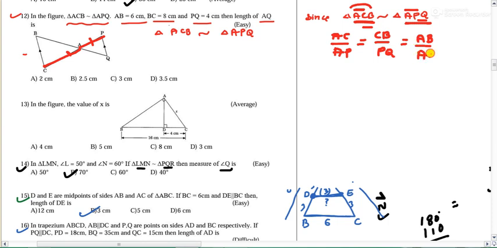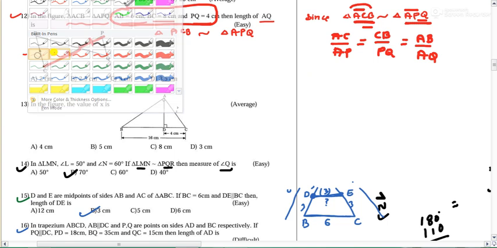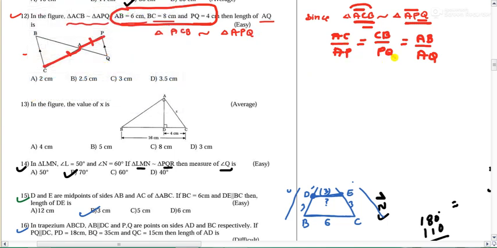AQ, exactly, very good. Now based on the data we have to take any two ratios, not all three. BC and PQ are included, so no need of writing the first ratio in the next step. You can write directly BC by PQ is equal to AB by AQ.